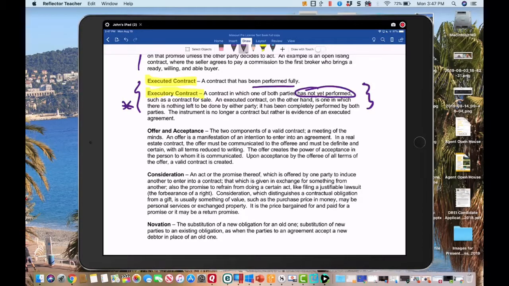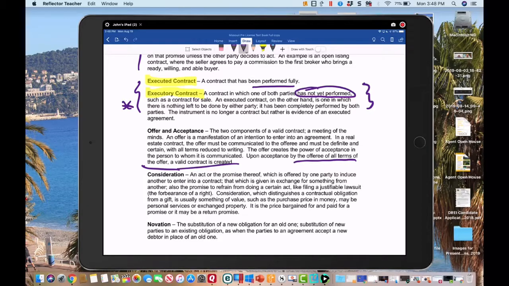We talk about offer and acceptance in the contract chapter. There just needs to be some type of intention to enter into an agreement, an offer, and then there has to be an acceptance by the offeree of all the terms of the offer. At that point, a valid contract has been created.